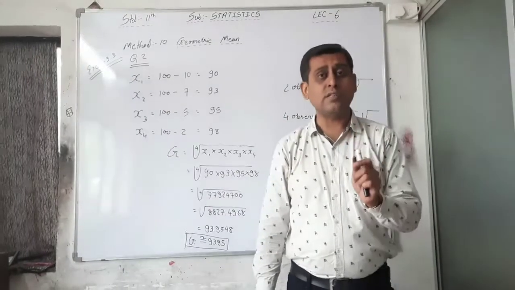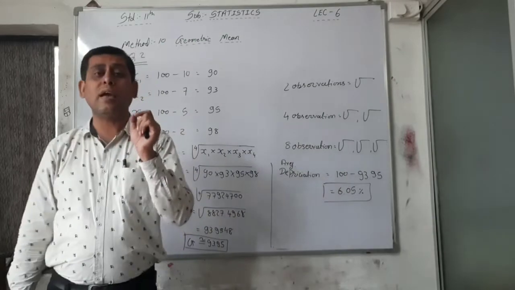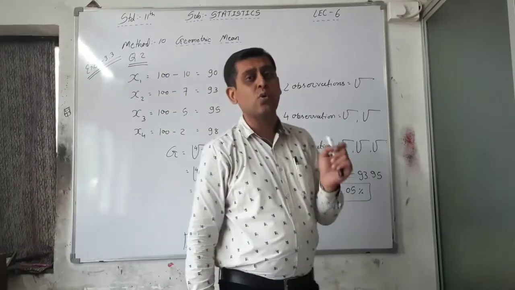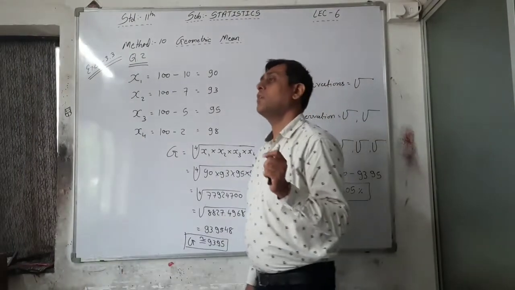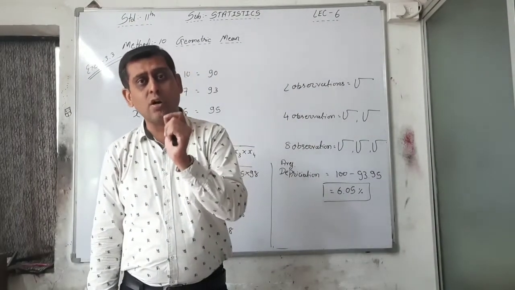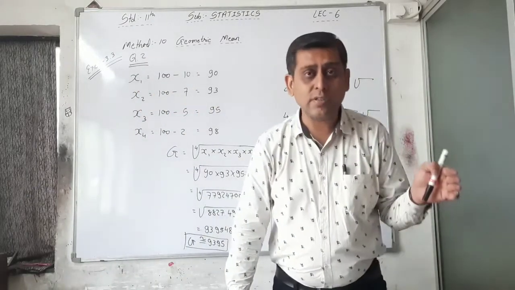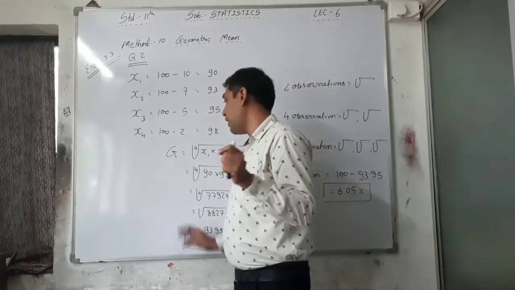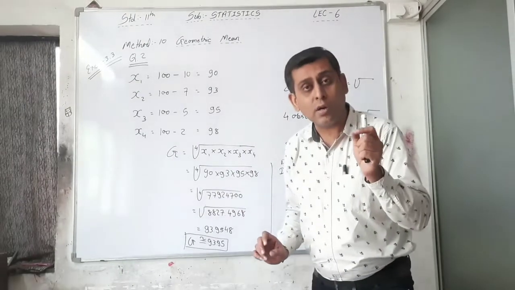Okay, so here it is easy, but in question number 2 the word is using appropriate method, and whenever percentage is given, I told you and I am again telling you, at that time you have to subtract if it is depreciated or decreased, and you have to add if it is appreciated or increased, and then you can find out the geometric mean, and then subtract 100 from that particular item.